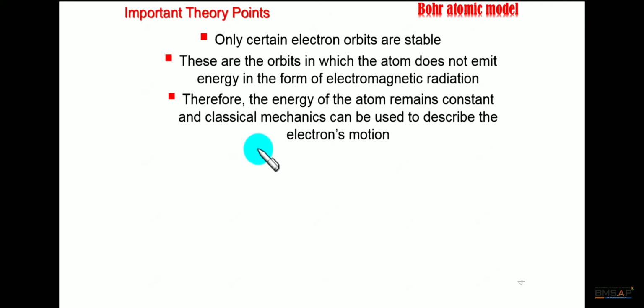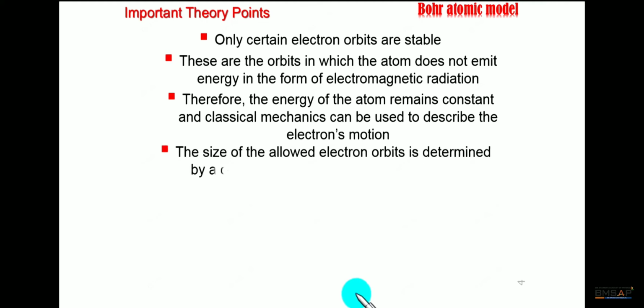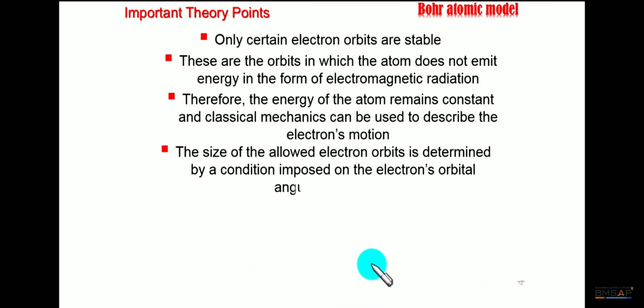And one quantum mechanics term is also used. The size of the allowed electron orbit is determined by the condition imposed on the electron's orbital angular momentum. This is justified by quantum mechanics, and it is mvr equal to nh divided by 2 pi.